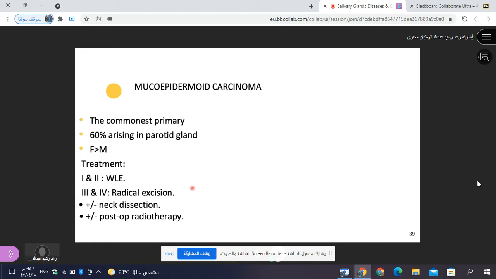The mucoepidermoid carcinoma is divided into subgroups: low-grade malignant tumor, painless and slow growing, or high-grade, which is a rapidly growing mass, and the treatment depends on the grade. For example, in stage 1 and 2, we treat with wide block excision, and in 3 and 4 we do radical excision with or without neck dissection, with or without postoperative radiotherapy. Next slide, Ragad.